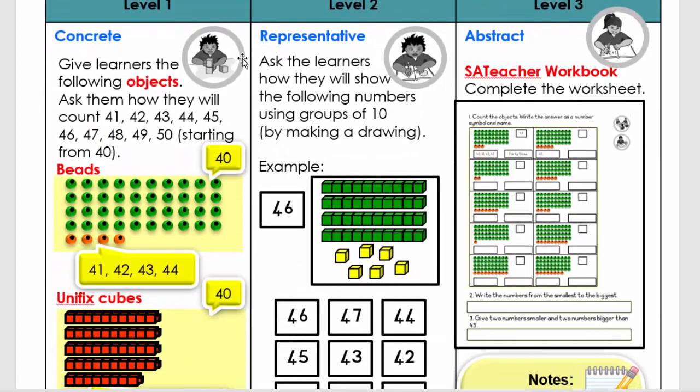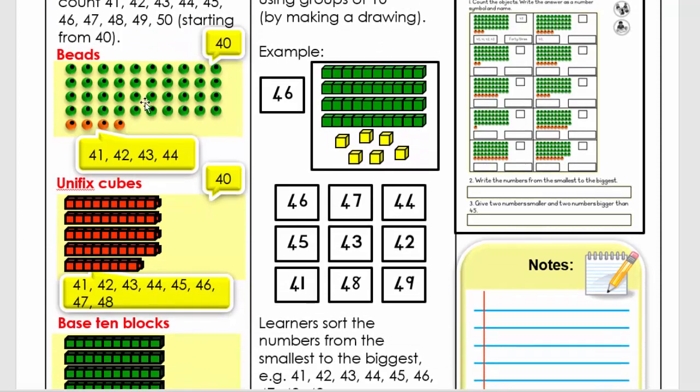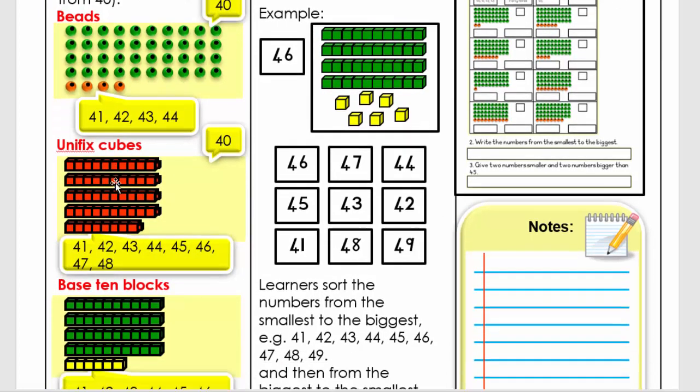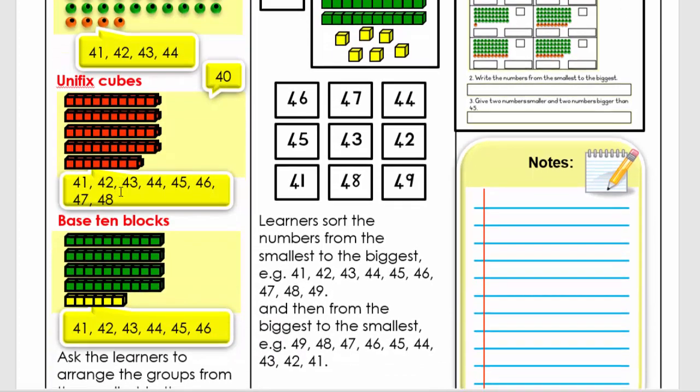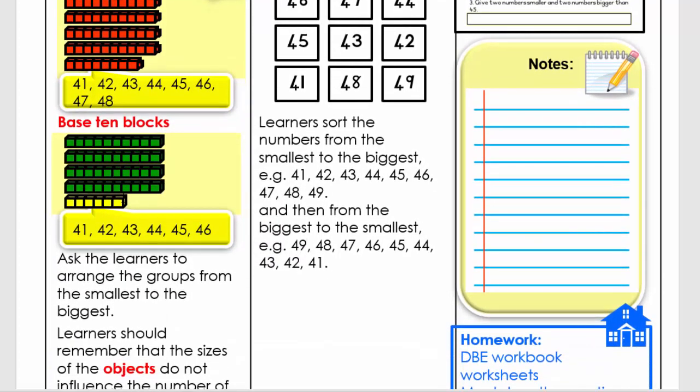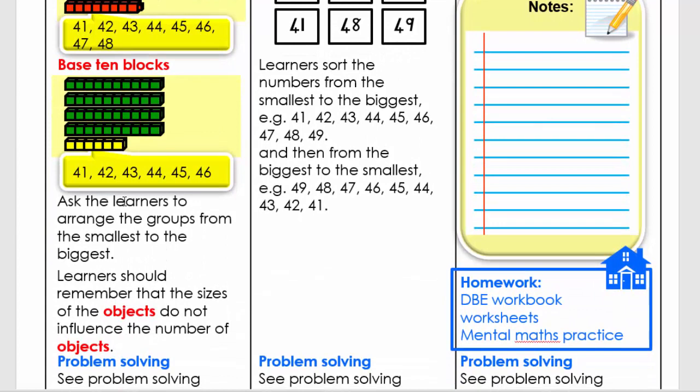We're then going to move to our different levels. Some of these activities we have already done, but remember on the concrete level, if they still struggle, go back to the concrete level and use different concrete resources to make these. Here, a very important note: learners should remember that the size of the objects does not influence the number of objects.